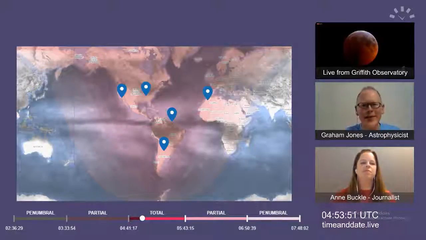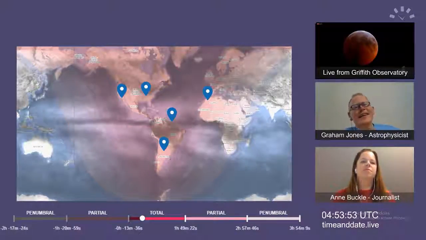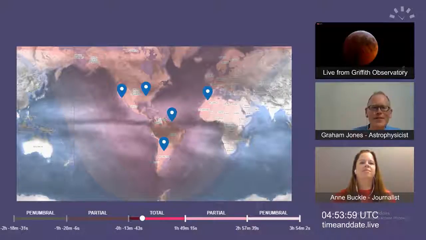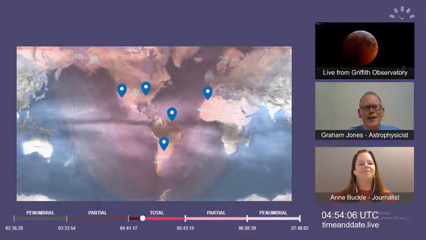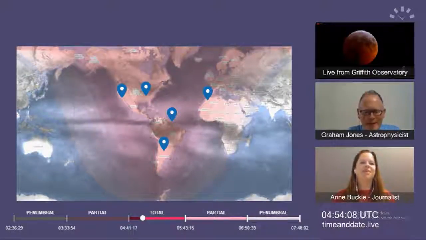Beautiful images. Now, just to the right of Los Angeles, we have a little marker in Nashville, Tennessee, and we have had Theo Wellington, who has been out in Warner Park.